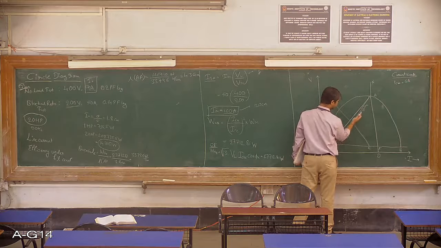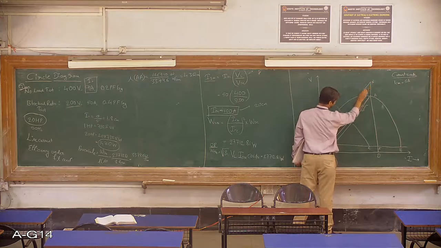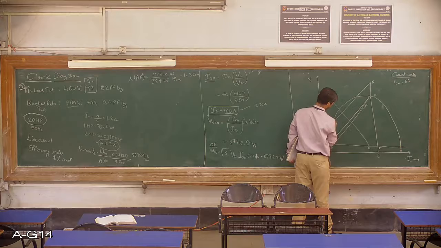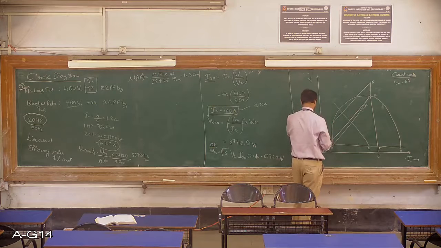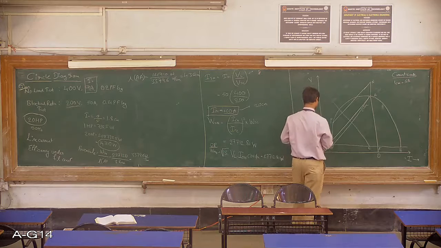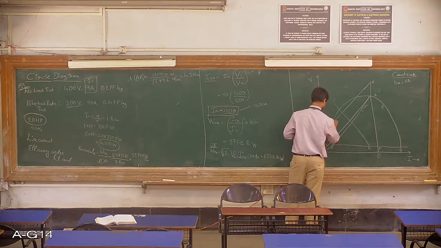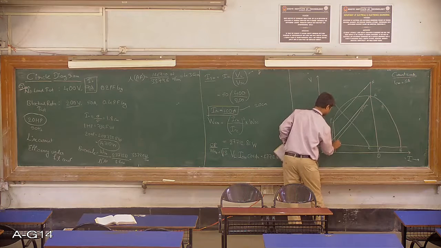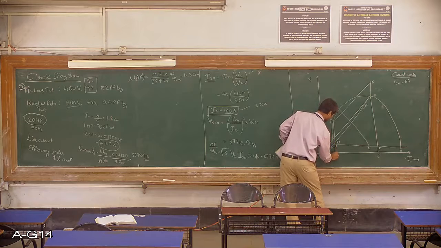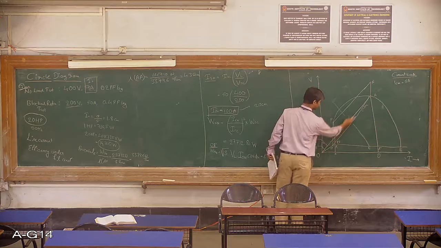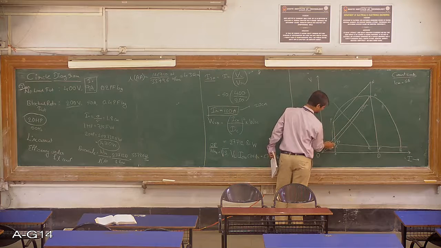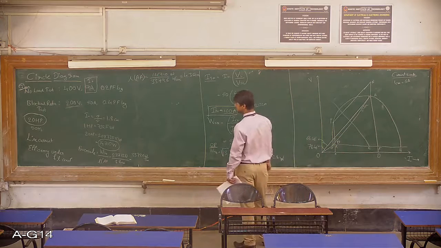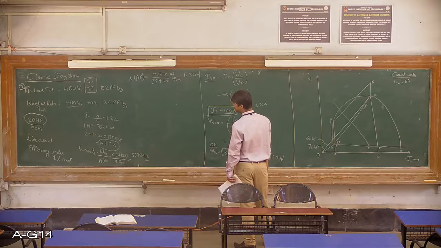Draw a parallel line to the output line from the point A dash, until it reaches the point P. Now bring this down, draw a vertically downward line and mark this point as Q, this point as R, this point as point S. Anything above this line is output, and this is total copper loss, and this is total constant loss.